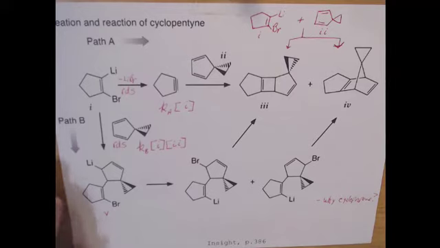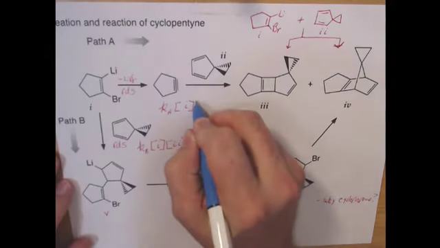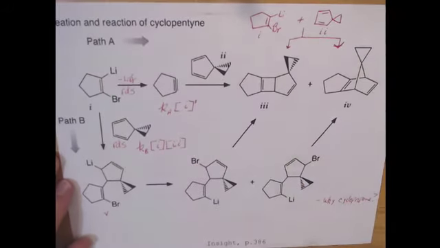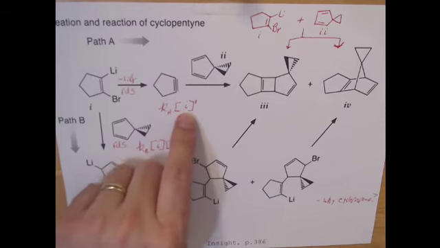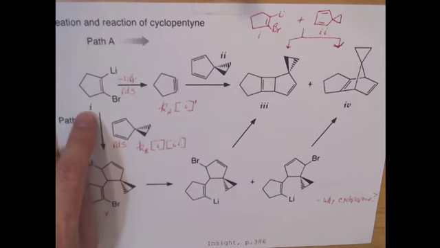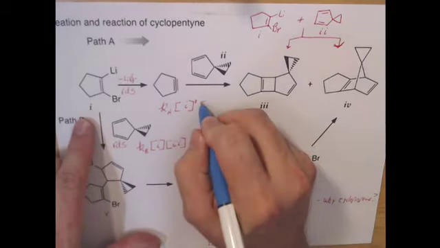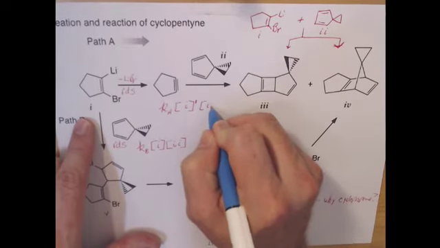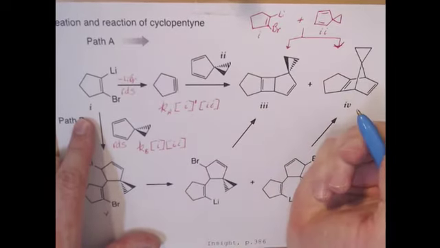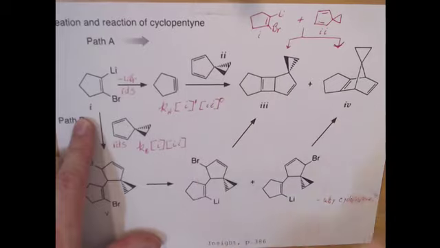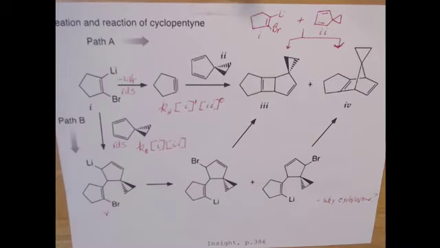Well, when all is said and done and the experiments are carried out, what is found is a first-order reaction that is first order in vinyl lithium bromide compound 1, and I'm going to write it in here explicitly. For cyclopentadiene 2, it's independent of that reaction.